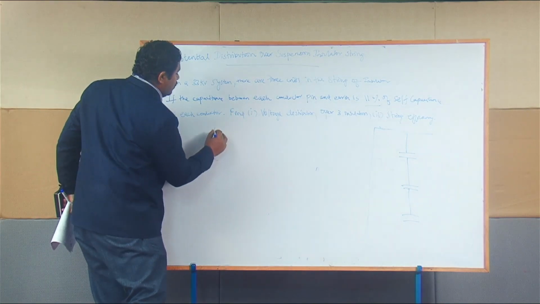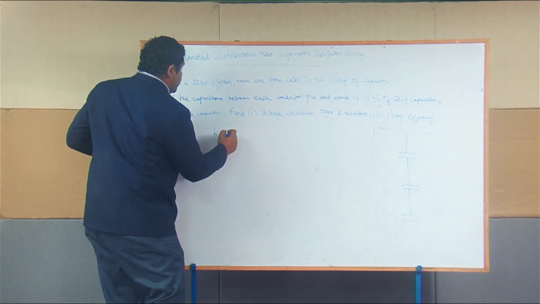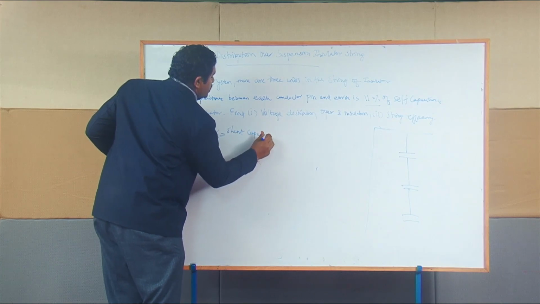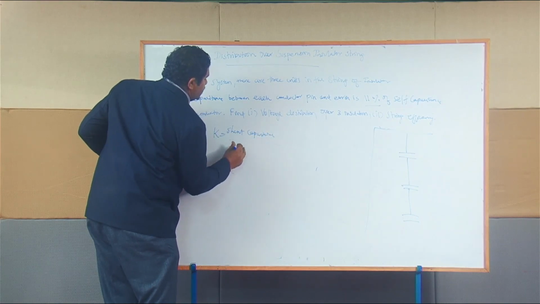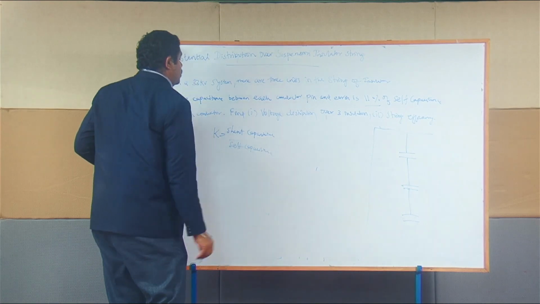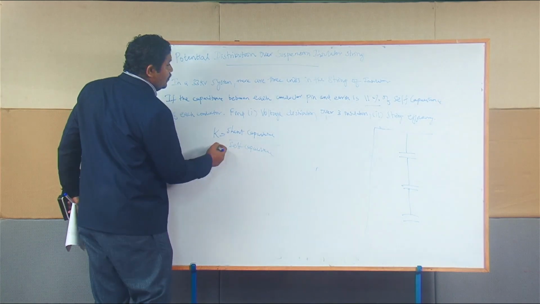So, we have a short form called the term K, which is given by the ratio of shunt capacitance to the self capacitance. So, here the value of K is given.